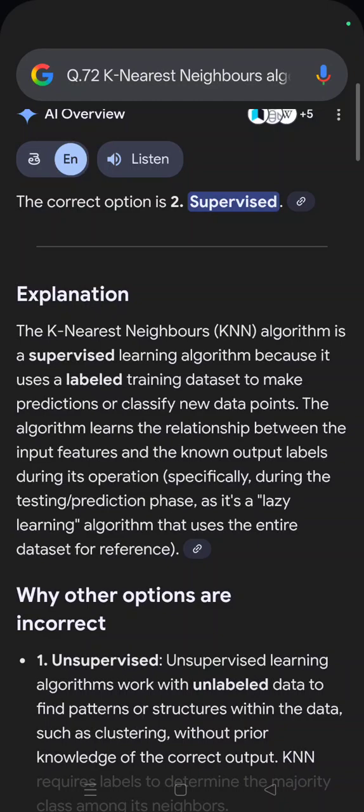The algorithm learns the relationship between the input features and the known output labels during its operation, specifically during the testing or prediction phase, as it's a lazy learning algorithm that uses the entire data set for reference.